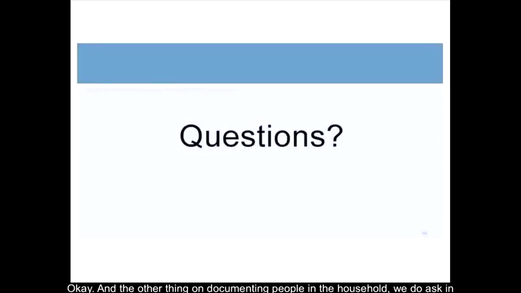Okay. And the other thing, on documenting people in the household, we have a lot of cases where children get shuffled around a lot, and we do ask for proof of guardianship.